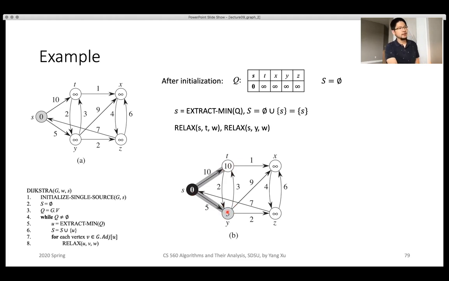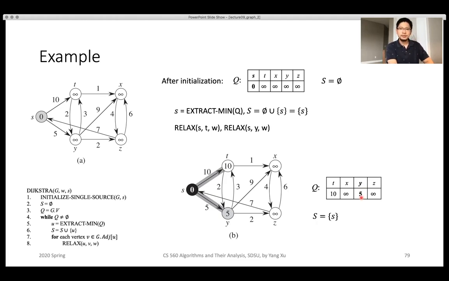That's the first iteration of the while loop. Remember that after T and Y are updated, Q is also altered, because now we have different keys for T and Y, and the next vertex to be extracted will be Y, because it has the smallest key value.